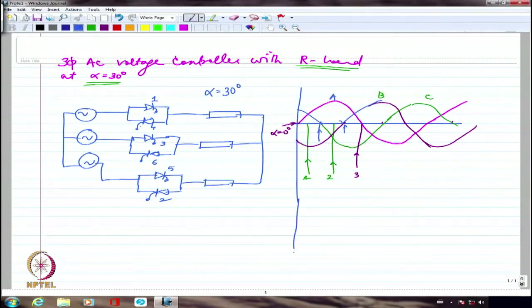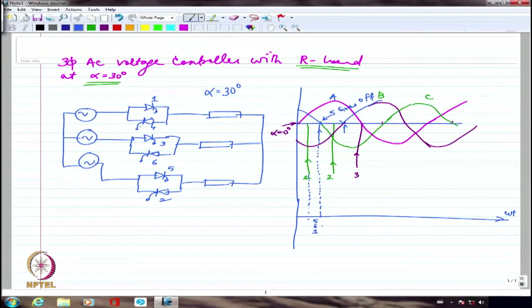So this is again omega t. Here 1 is fired, and here 5 goes off. So for 30 degrees I am going to have 5, 6 and 1 conducting, even for R load.